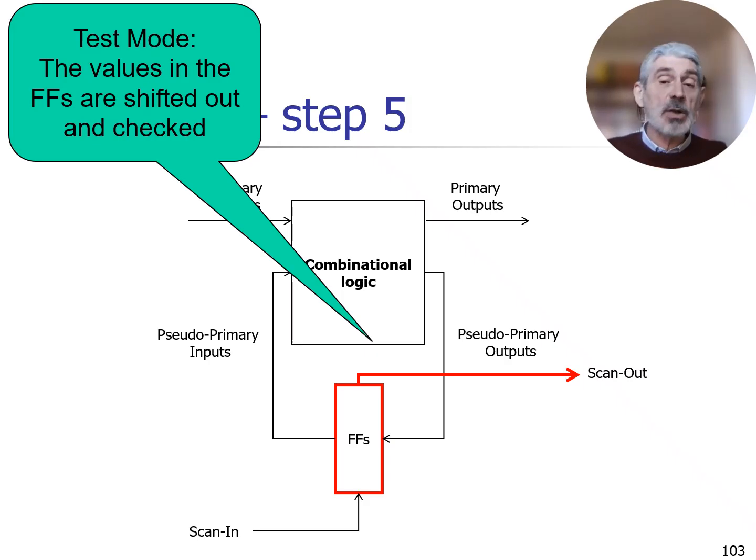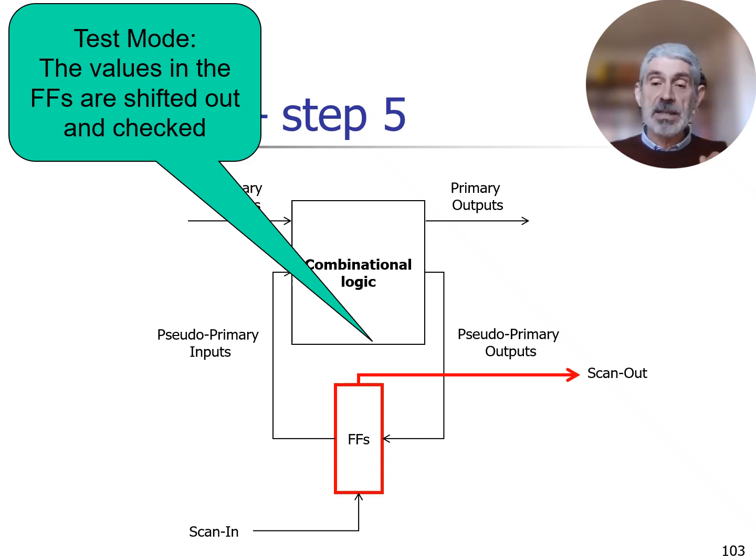And so if the fault produced any difference on the pseudo-primary outputs, I can detect it because on the scan-out I will be able to see these values. Okay, this is the simple way scan works, allowing us to easily test all stuck-at faults in the combinational logic.